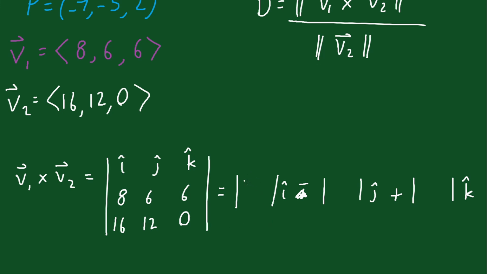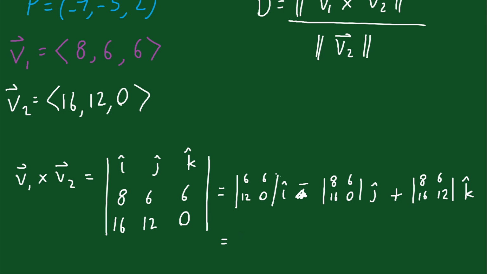So that's what I'm going to write here, 6, 6, 12, 0. For j, we cross out j. What do we have? 8, 6, 16, 0. For k, we cross out k. What do we have? 8, 6, 16, 12. Perfect.